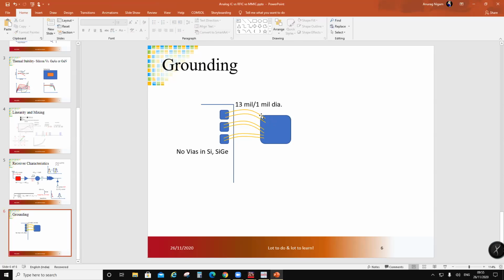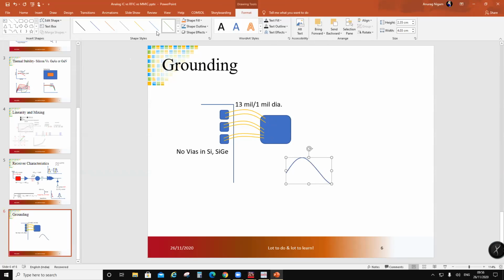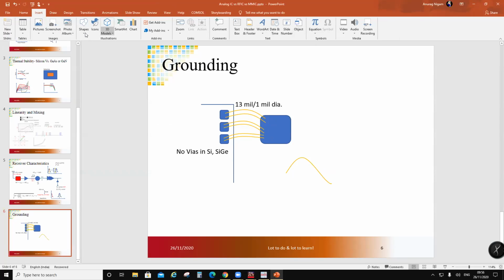Okay, so what do you mean by ball bond? Of course, the edge, the ends of the wires can look like edges. Okay, so how would I draw that? I want to give you a full view. So for example, I'm going from a chip to this thing, and this thing is a bond wire, right? So the edges are going to be like this.